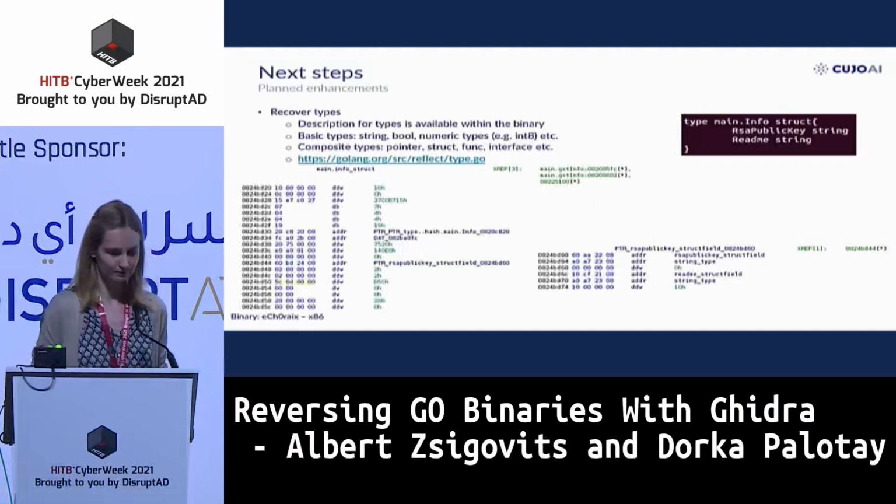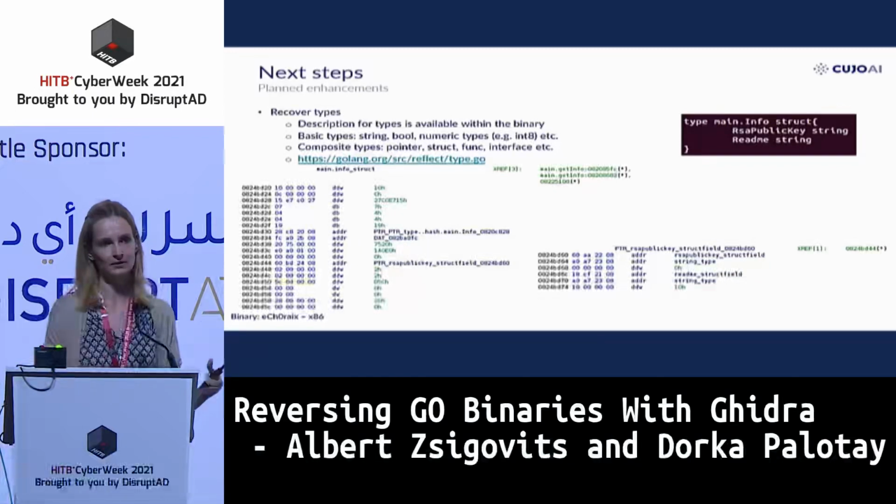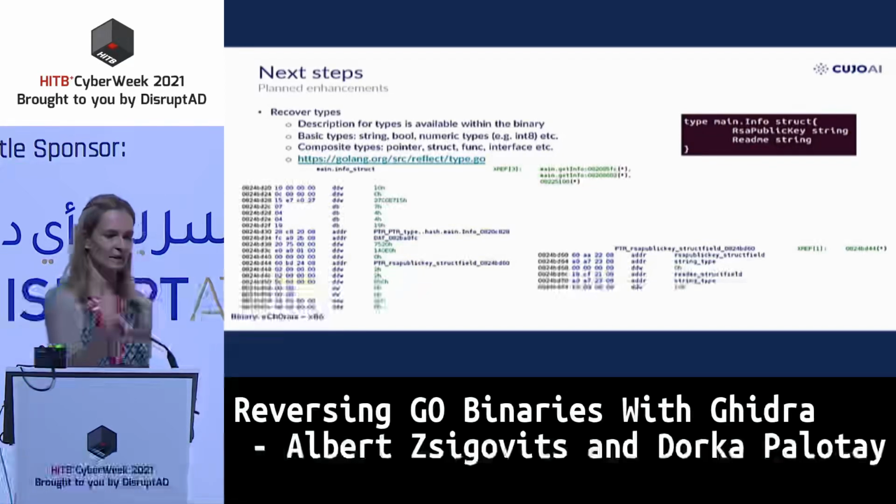Another interesting feature in Go is types, like the string structure that I mentioned before. There are different descriptions of types within the binary. There are the built-in basic types and some composite types of those, but when you write a Go program, you can define your own types.